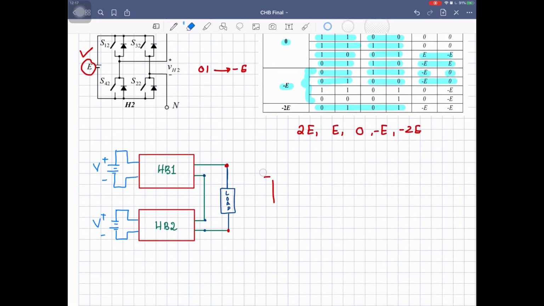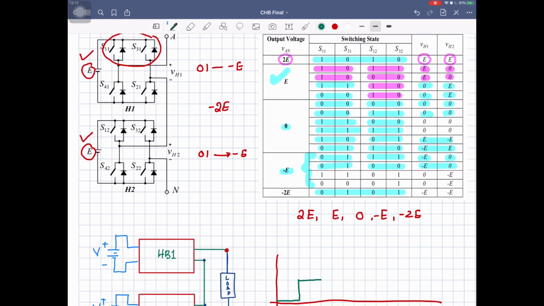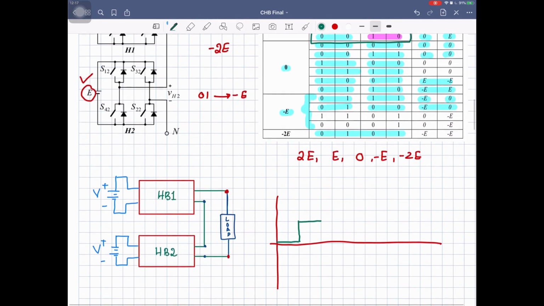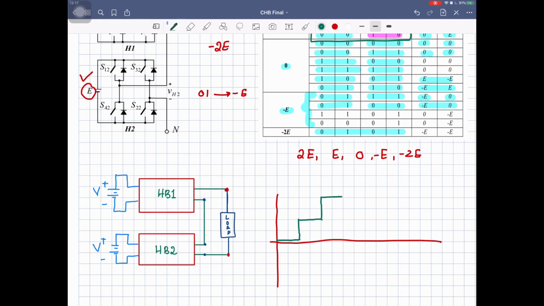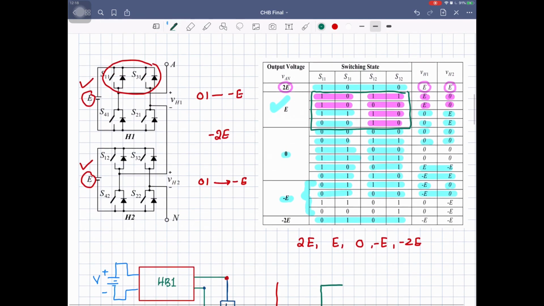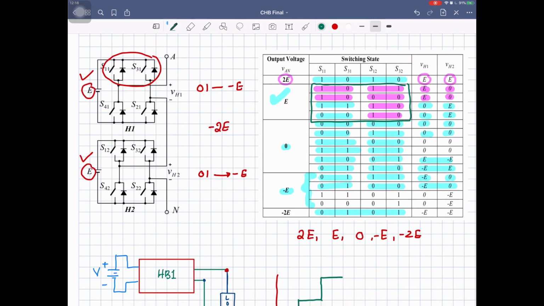Let's draw it over here. To get 0 volt, let's suppose I will have to apply one switching combination. Then to get E volt, I will have to apply one of the switching combinations from this group. And to get 2E, I will have to apply the only possible switching combination, that is 1 0 and 1 0.